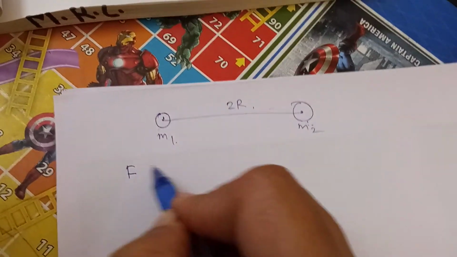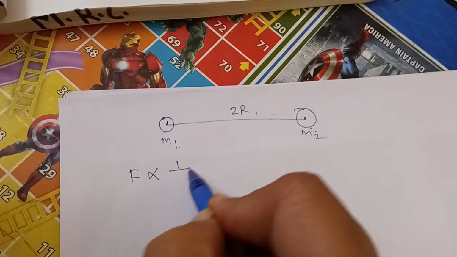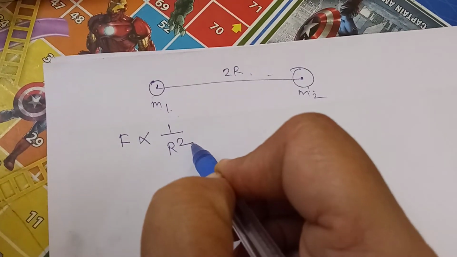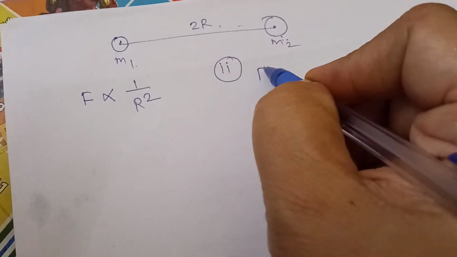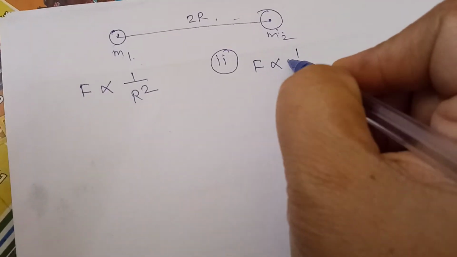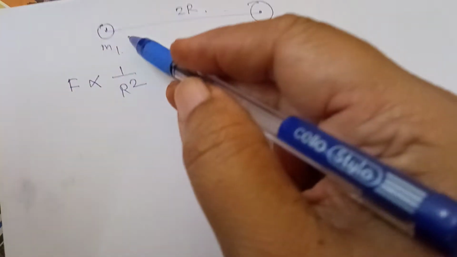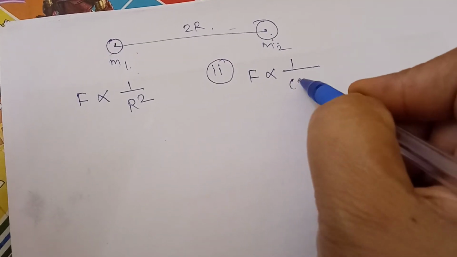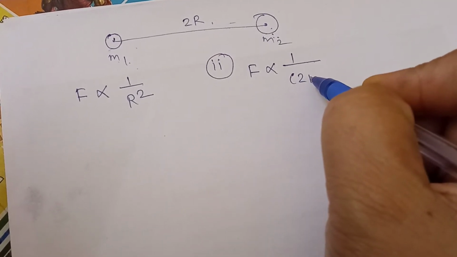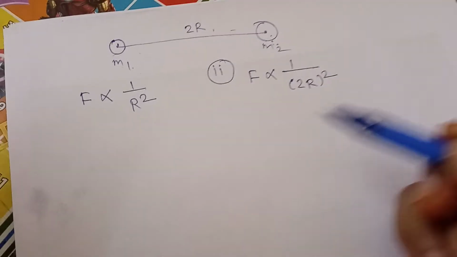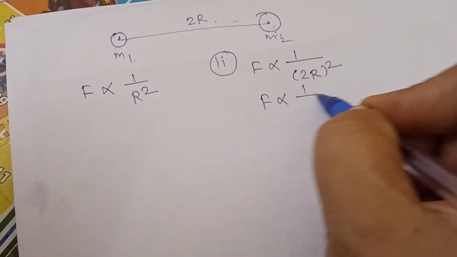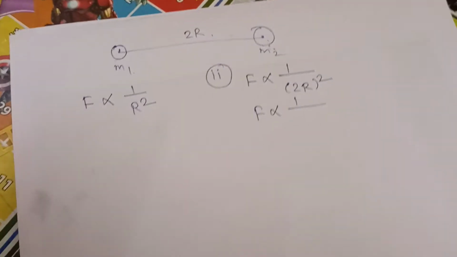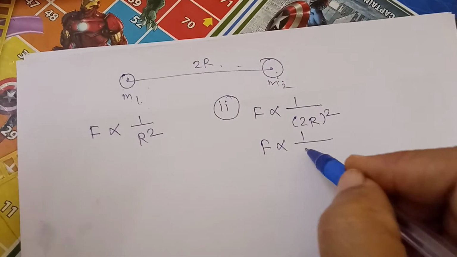In the first case, F is directly proportional to 1 upon r square. Now in the second case, what will happen? F is directly proportional to 1 upon 2r bracket square. That is, 1 upon 2 square r square, and the square of 2 is 4.